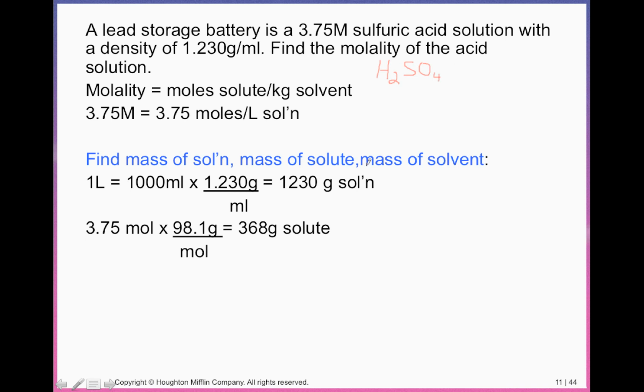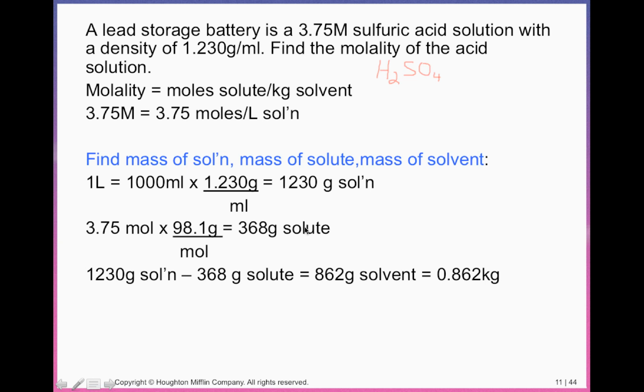Now, once I have my grams of solution and my grams of solute, I can subtract these to get the mass of the solvent. And you notice that I get 862 grams of solvent, which becomes 0.862 kilograms of solvent. So now I have my kilograms. That's what I need. It tells me up here. I need my moles of solute, which I started off with.